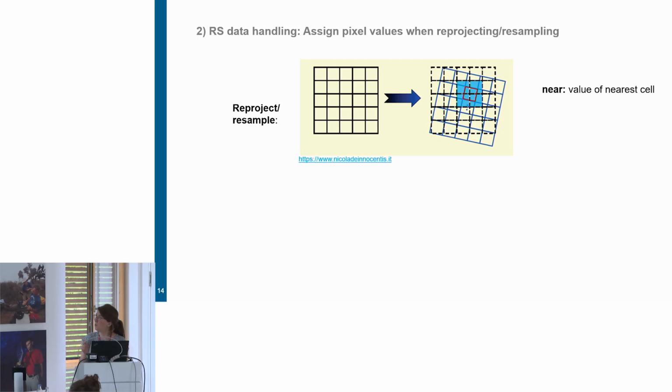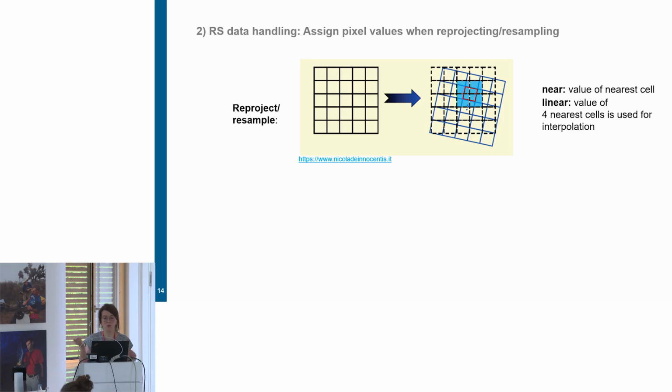You can either use the value of the nearest cell. That's really important because that doesn't change the values of the raster at all. It just shifts the location of your pixel value, but it doesn't change the values. You would use the pixel value of this in your new resampled raster.